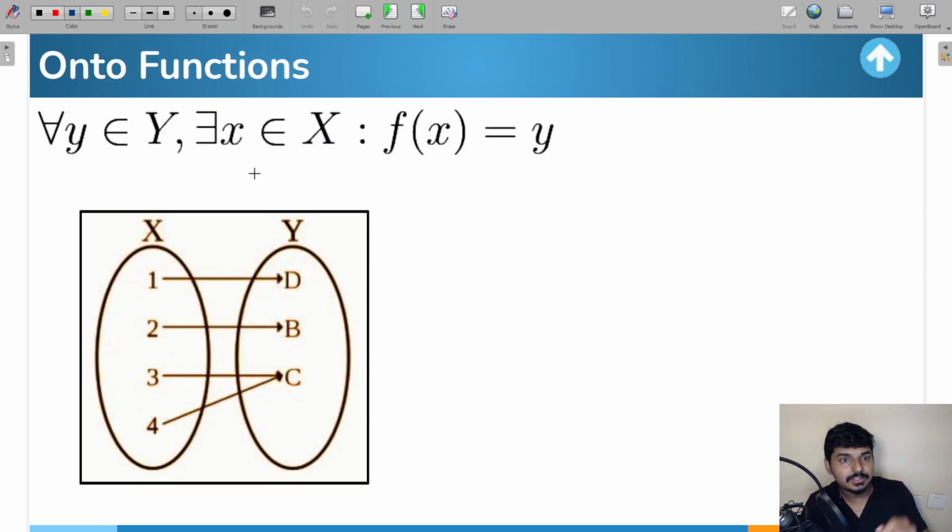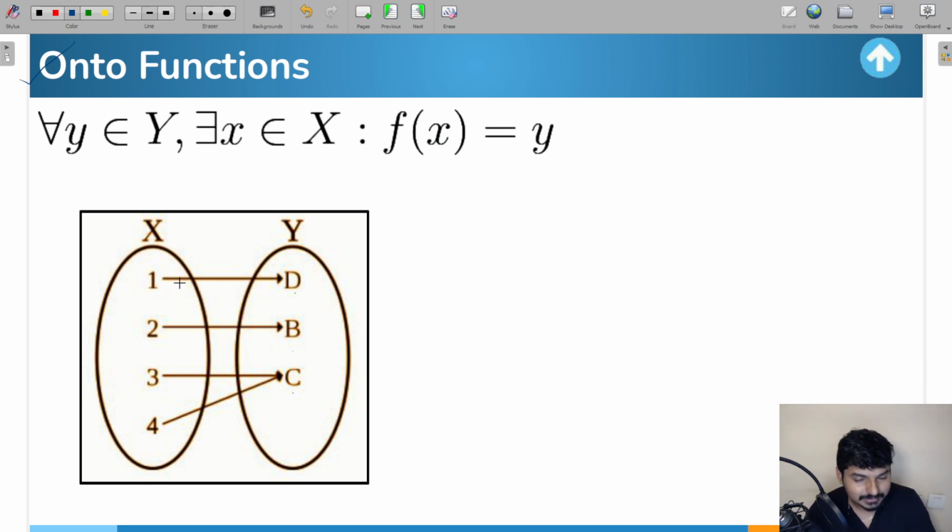Now let me go to the next concept, which is the concept of onto functions. In the case of onto functions, a function is going to be onto when, in the second set, each and every element is an image of some element in the first set.